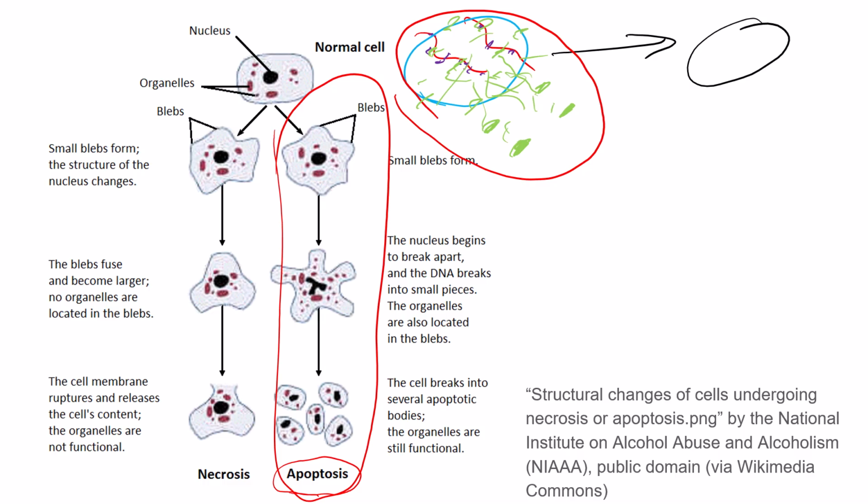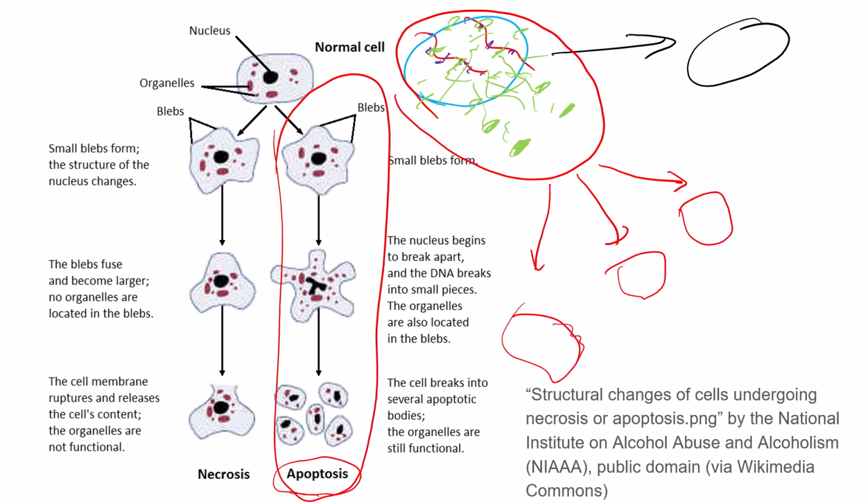So now everything in the cell is destroyed, and the cell will break apart into small pieces. So you can see there's still cell membrane around the pieces, and inside we have the pieces of DNA and of proteins and other things. And so when cells do this, it helps protect against cancer.